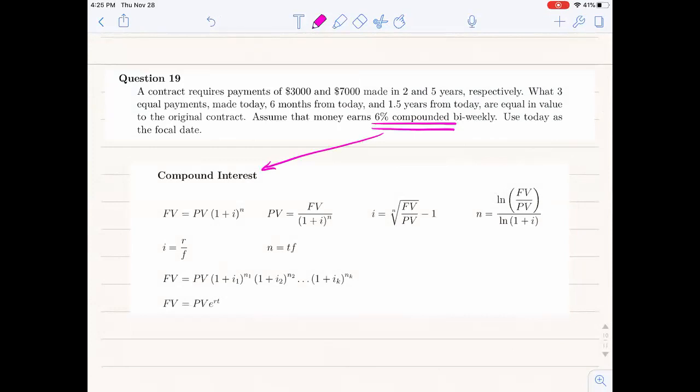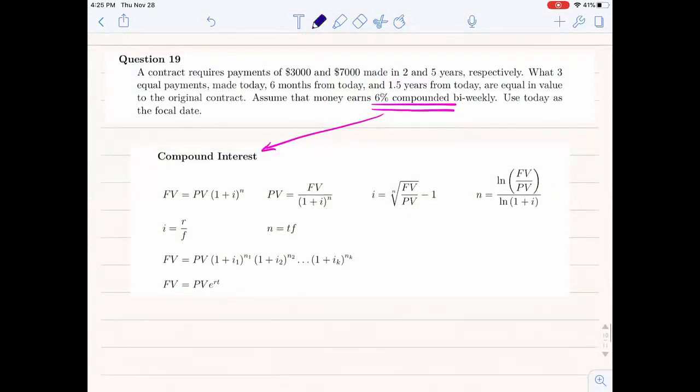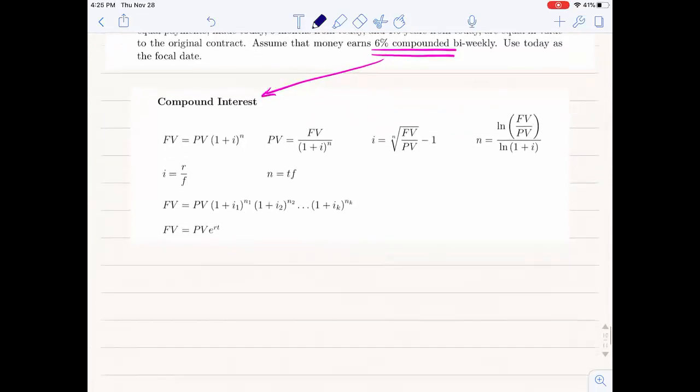So these are the formulas that we have to work with, right? Where N is the number of compoundings, whereas in annuities, N is the number of payments, right? So it changes slightly. So a contract requires payments of 3,000, 7,000 in 2 and 5 years respectively. We'll call that your original contract.